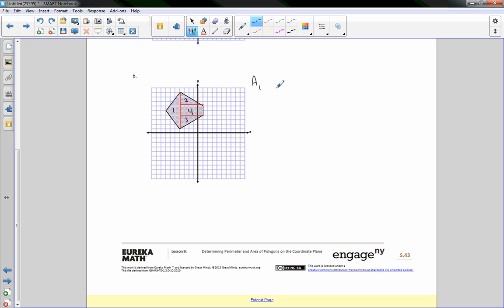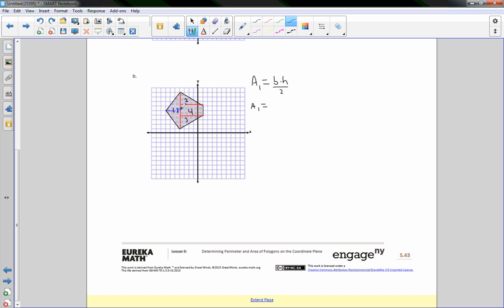So I'm going to find the area of area 1, which is a triangle, which is base times height divided by 2. So area 1 equals the base. Now I need to count how many these are. I will use blue to measure these. And it's 1, 2, 3, 4, 5, 6, 7, 8. This is a distance of 8.